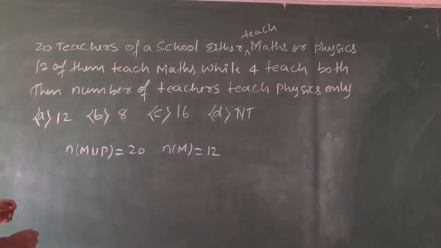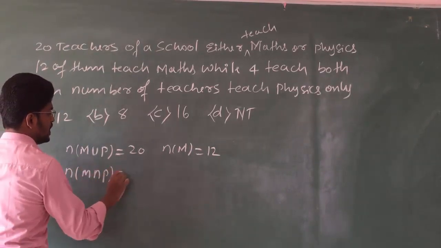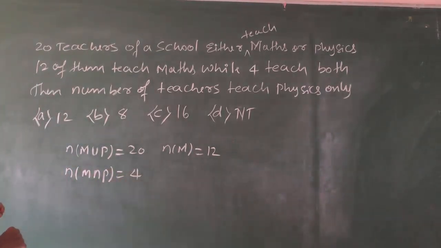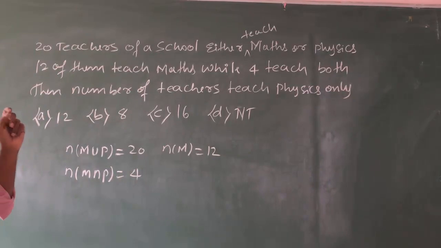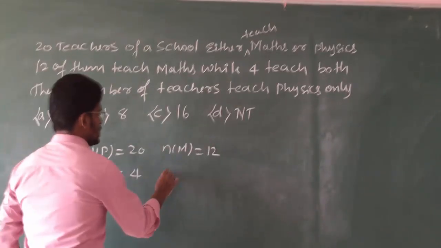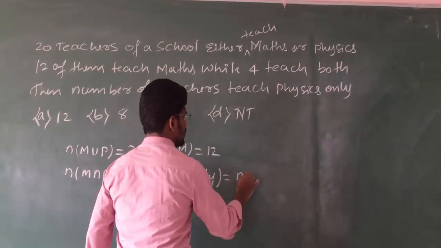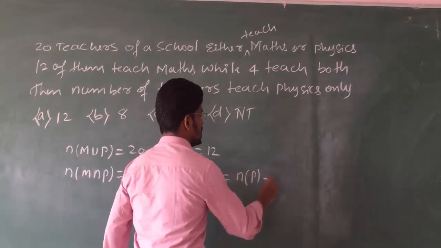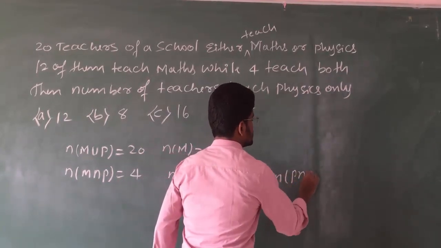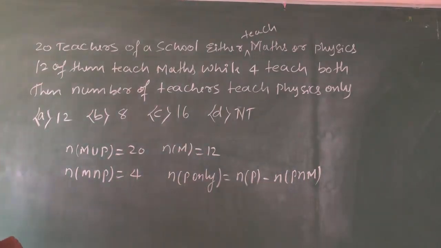That means n of m intersection p equal to 4. Then the number of teachers who teach physics only. Clear? So n of p only will be equal to n of p minus n of p intersection m. Already we have solved this type of problem. No worries. So here n of p intersection m is 4.